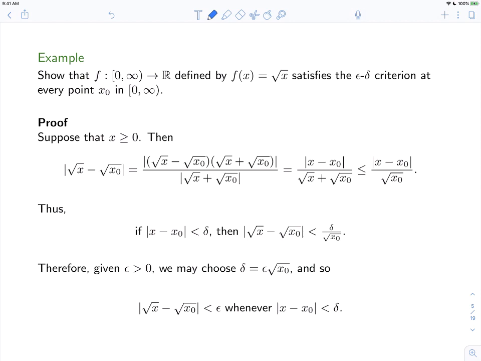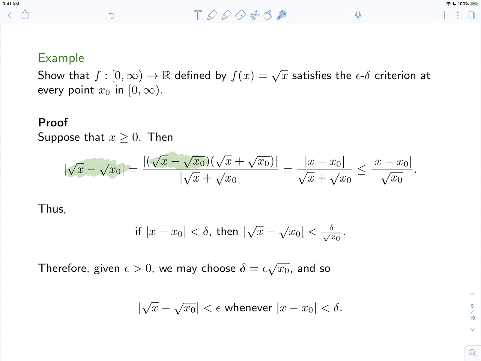Suppose that x is greater than or equal to 0, and we want to measure the distance between the square root of x and the square root of x sub 0. So that's the absolute value of the difference. We're going to play a little algebraic trick with it. This is our original term, and we're multiplying it and dividing it by the same thing.